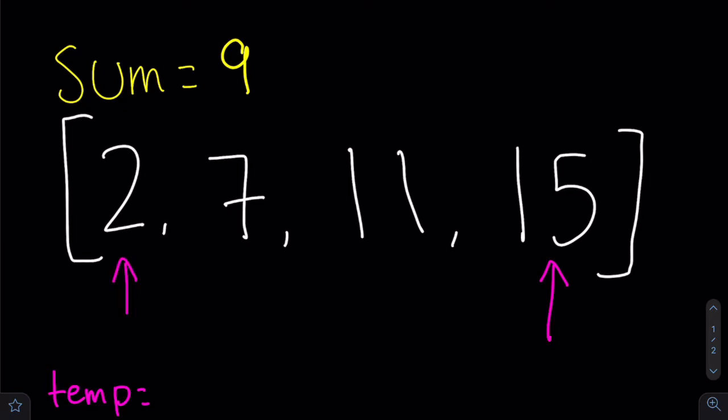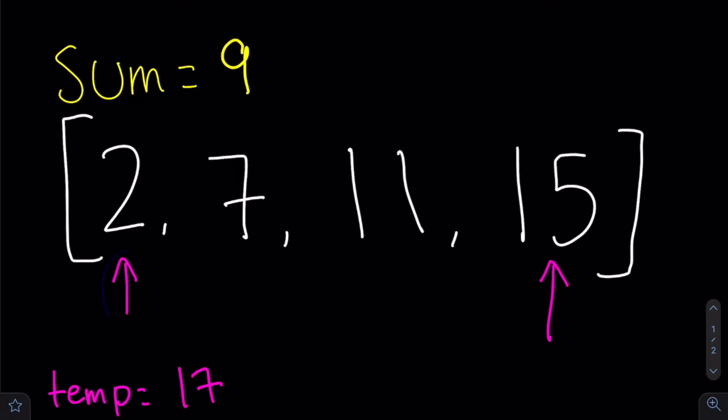So once again, let's go through that with the example that was provided to us on Leetcode. Now here, what is our temporary sum? Temporary sum is 17. Is 17 greater than or less than our target sum? It's greater than. So what would make more sense to move? The I index, which is always going to be on the left, or the J index, which is going to be on the right?